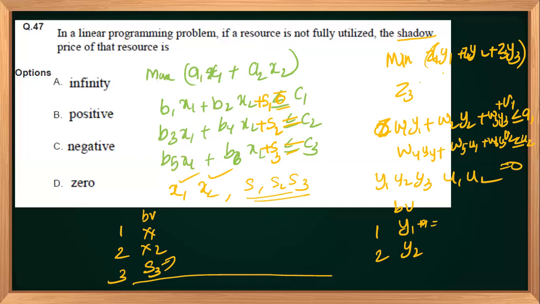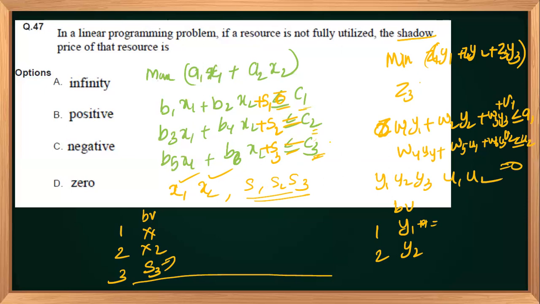Suppose I'm going to buy a particular resource, let's say C3, how much can I pay in the market so that there is still no loss for me? That will be determined by y3. So for C3 it will be y3, for C2 it will be y2, and for C1 it will be y1. That's why it is known as the shadow price.